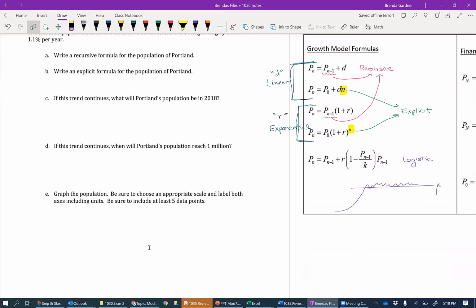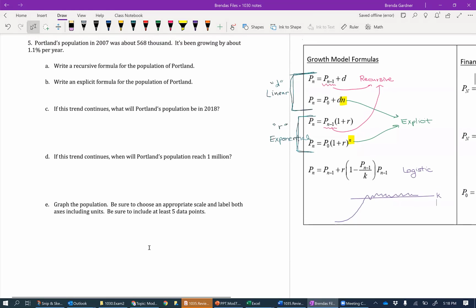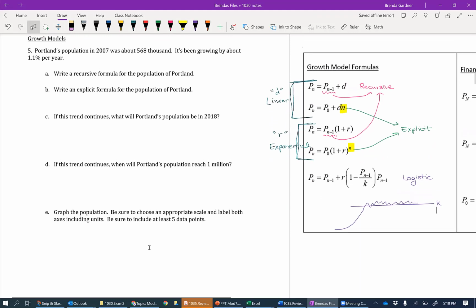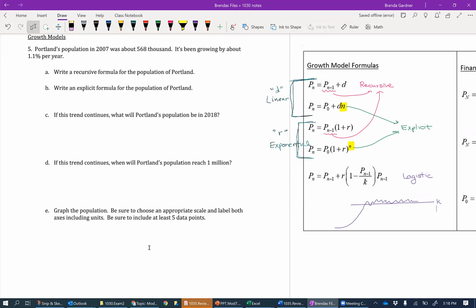Since the last thing we talked about was the growth models, I'll just jump into the growth models problems. I have one up here from a prior exam. Portland's population in 2007 was about 568,000, and it's been growing by 1.1% per year.